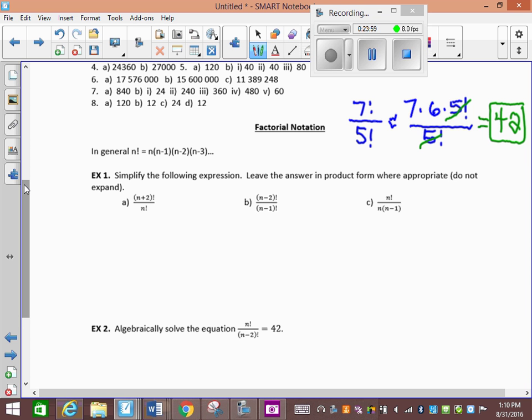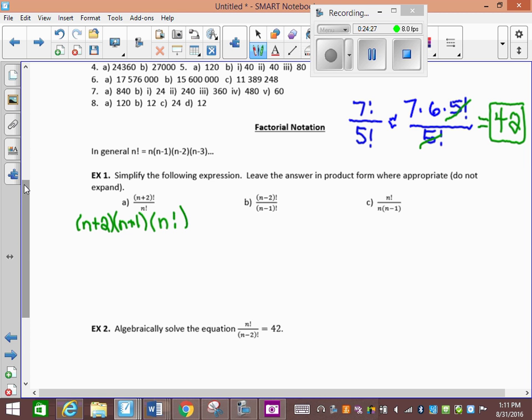N plus 2 factorial is just n plus 2 times 1 less, so n plus 1 times 1 less, n times 1 less, n minus 1, n minus 2, right? So instead of consistently writing that out, like instead of writing 5 times 4 times 3 times 2 times 1, I could write 5 factorial so I can cancel them off, right? So here I have n plus 2, n plus 1, and I'm just going to write n factorial, because it would keep going, right?